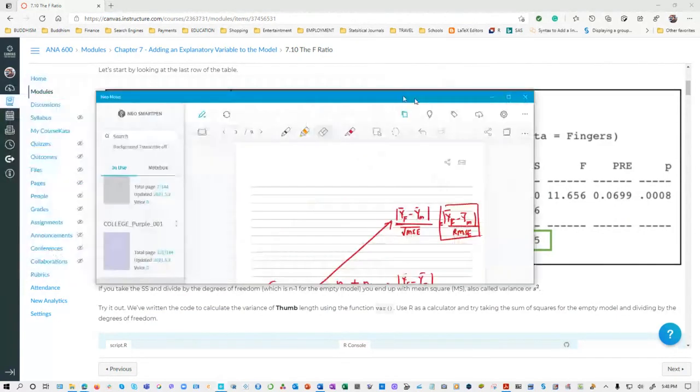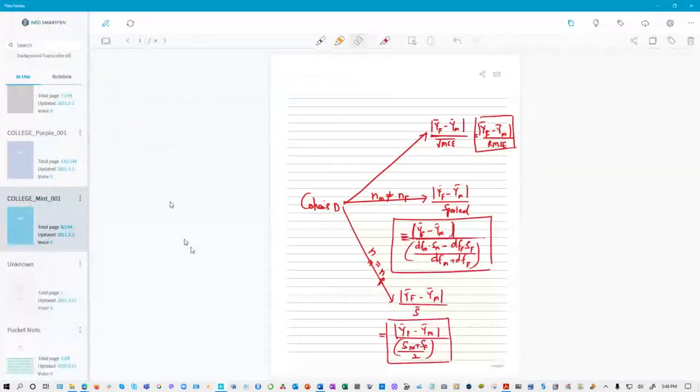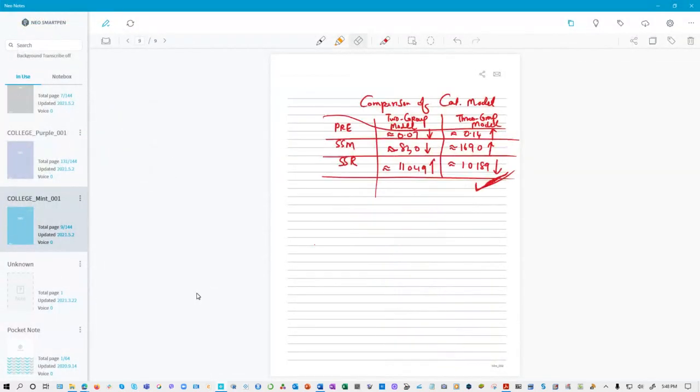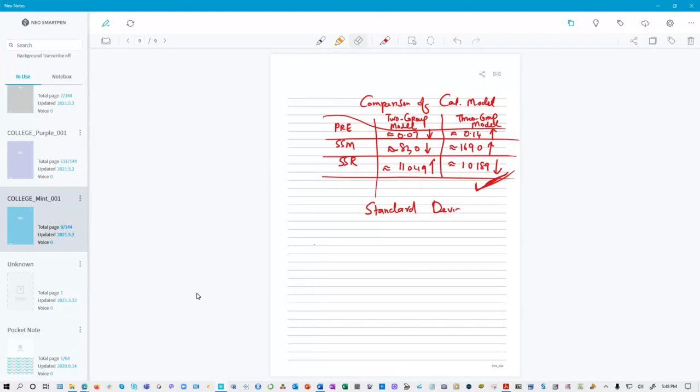This is what I'm trying to explain over here. I'm talking about standard deviation. Under this one, I have something called pooled standard deviation, which is S pooled.